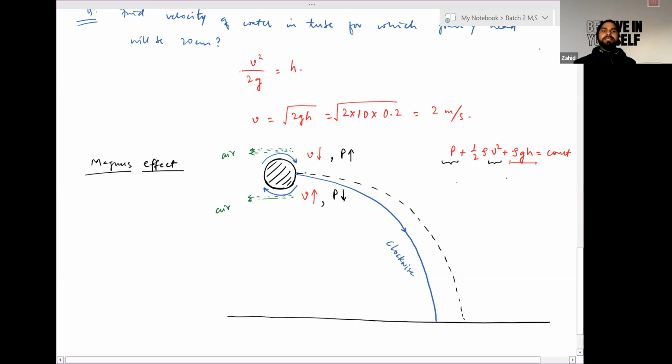Similarly, if the ball is projected in anti-clockwise direction, it may follow this path to hit the ground at this point. So this will be in case of anti-clockwise. And this middle part, no spinning. Just write it down. This effect, due to which there is change in trajectory, is called Magnus effect.